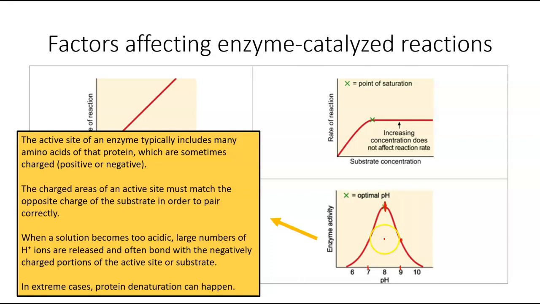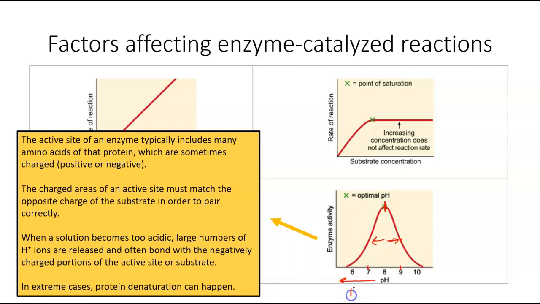Okay, so it is obviously causing protein denaturation on both sides of optimum. As we deviate from optimum pH, it is causing those molecular bonds to break, causing the conformational shape of the protein to change, therefore rendering that particular protein useless. And it has to do with the ions that are released in solution. We know that as we decrease pH, we are actually increasing acidity.